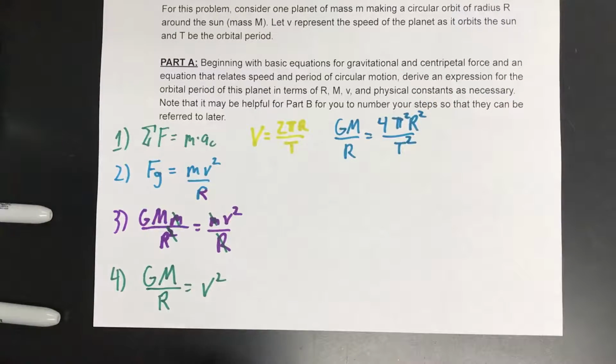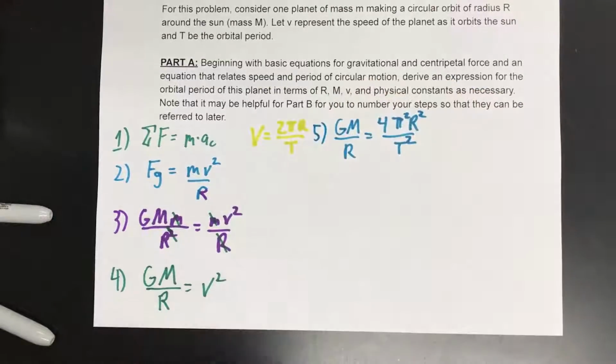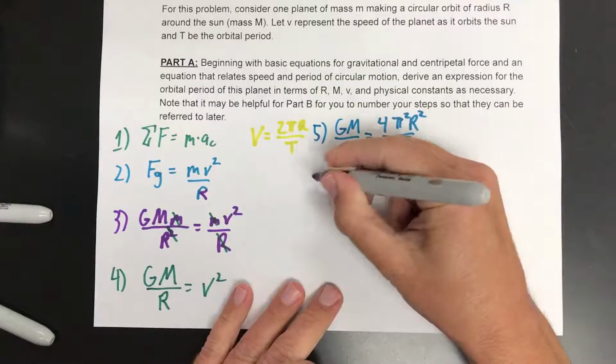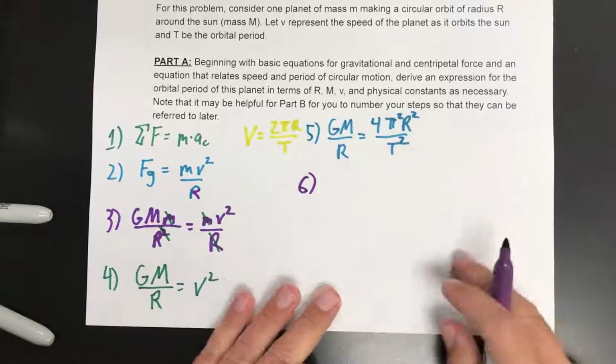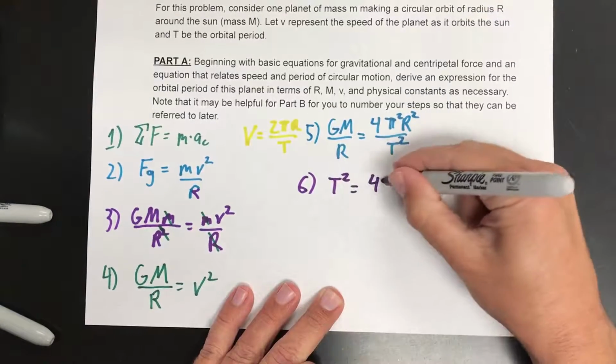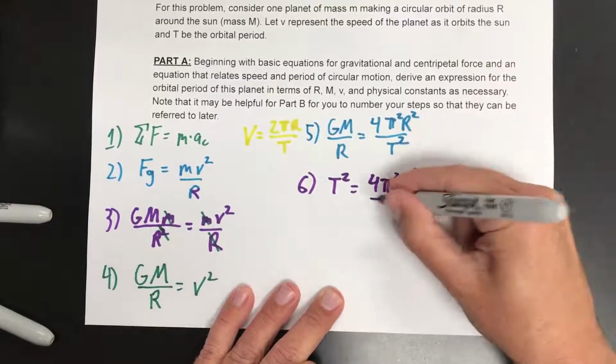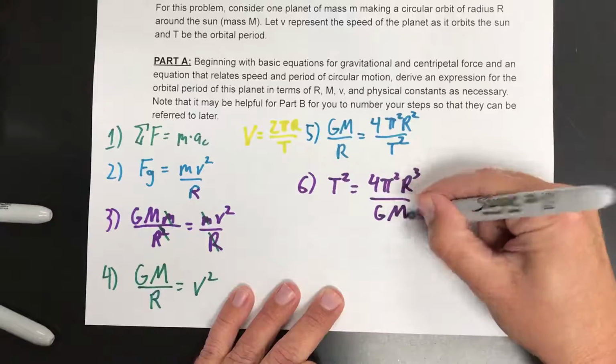We get a little bit of rearranging to do here then next. So let's also number this. This is step 5 right here. So step 6, I'm just going to multiply everything around. I'll bring the T squared up to this side. I get 4 pi squared r cubed when I bring that r up, divided by GM.